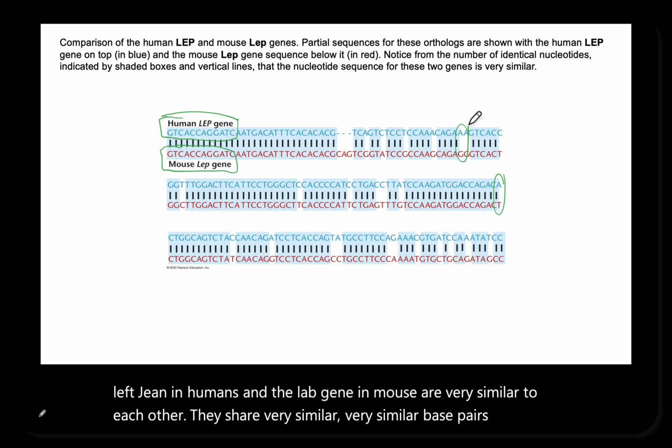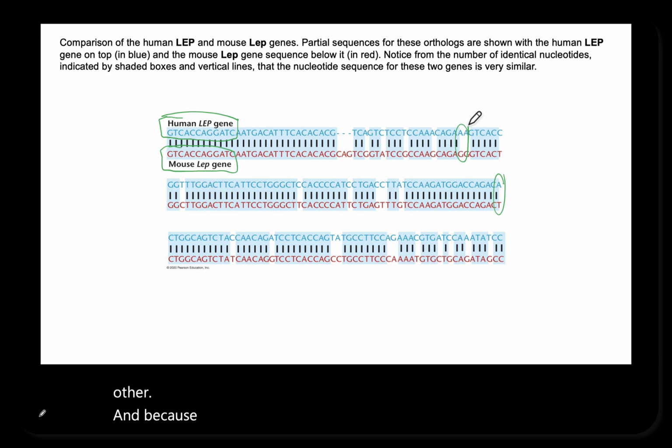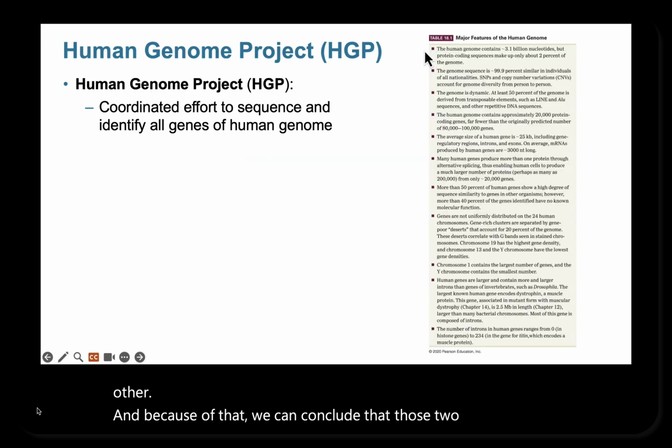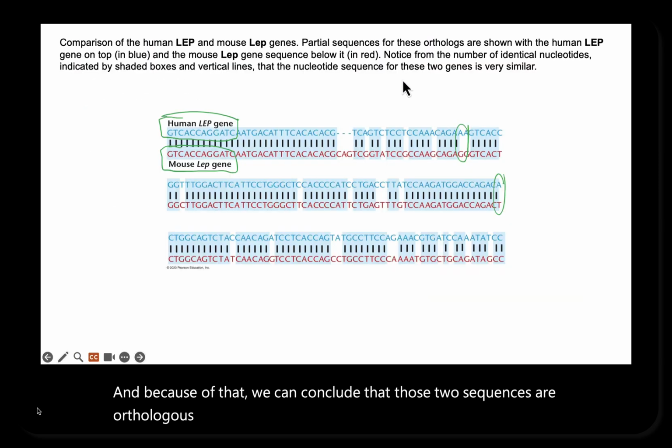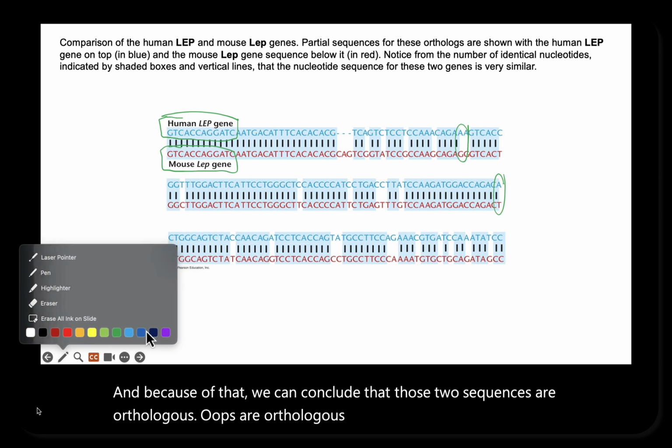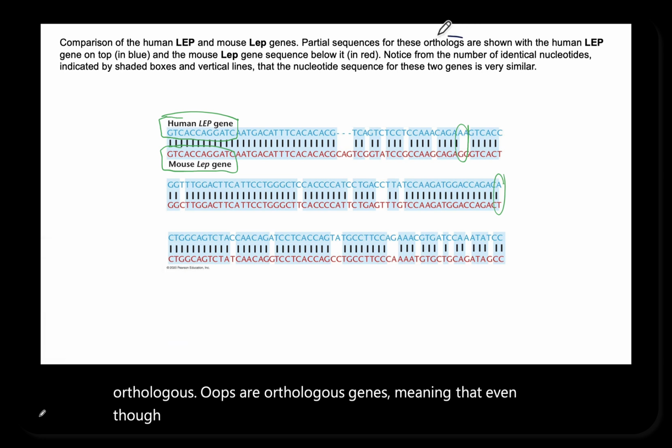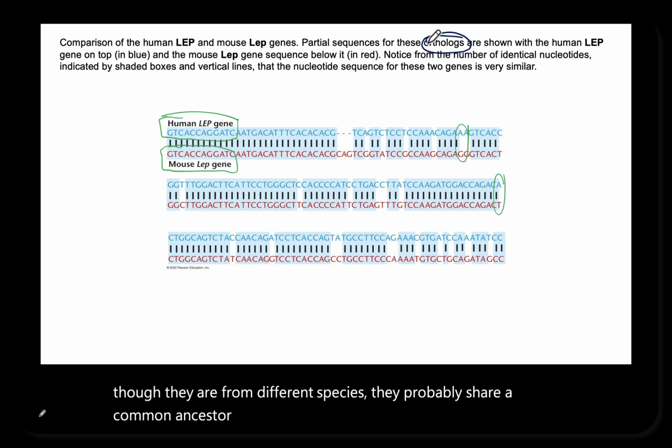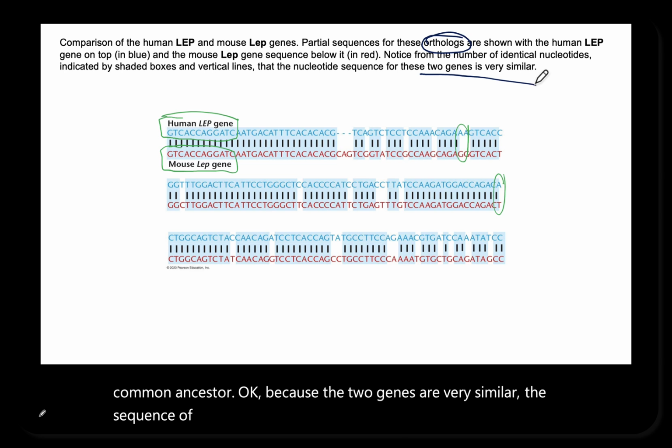Because of that, we can conclude that those two sequences are orthologous genes, meaning that even though they are from different species, they probably share a common ancestor, because the sequences of those two genes are very similar.